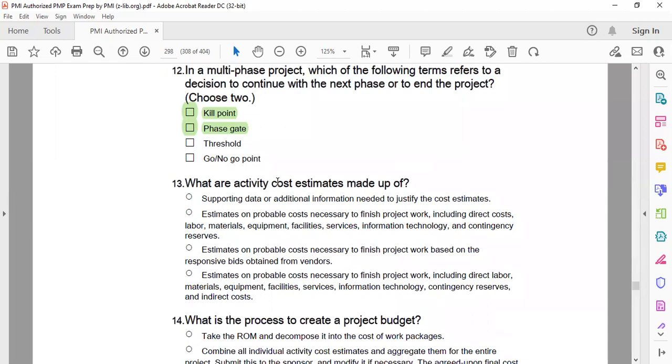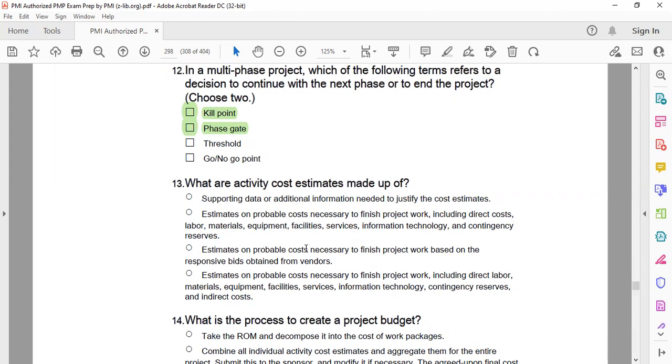Next, what are activity cost estimates made up of? Easy answer. Let's go. Supporting data or additional information needed to justify the cost estimates. Estimates on probable cost necessary to finish the project work, including direct cost and contingency reserves.